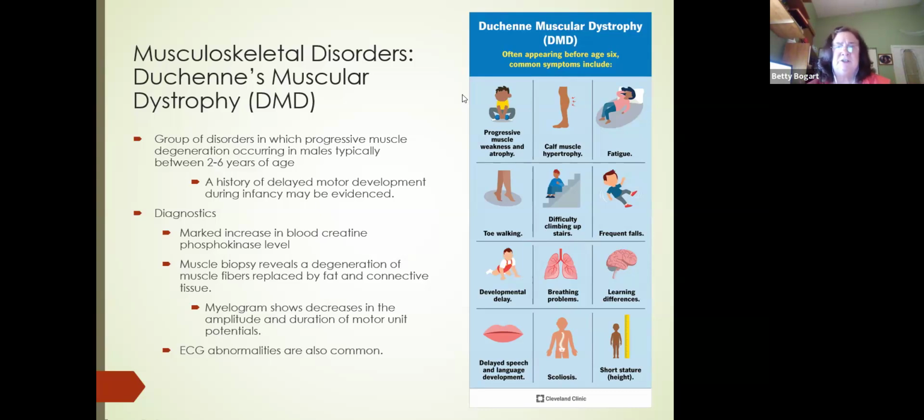Now, Duchenne muscular dystrophy. You've heard of muscular dystrophy, which is a progressive muscle degeneration. Duchenne is in males, okay? Usually about ages 3 to 7 is when we see it. And what we see is all of a sudden they are doing different things.